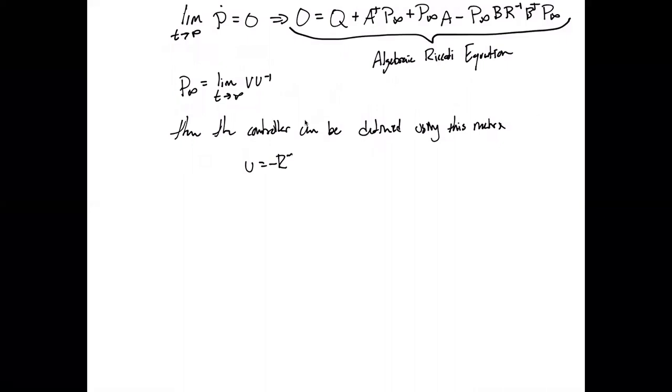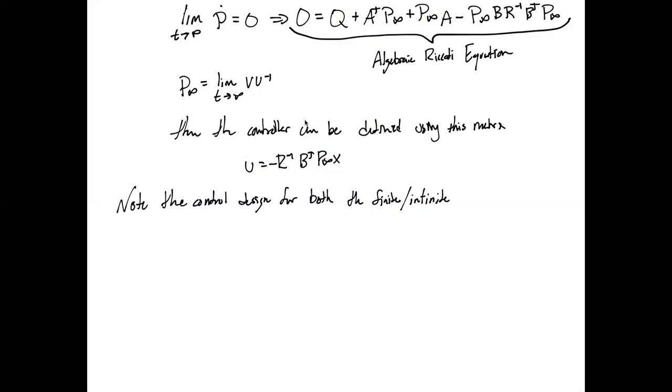So then we get U is equal to R inverse B transpose P infinity times X. But it's worth noting that the control designed for both the finite time and infinite horizon LQR, linear quadratic regulator, is done through the choices of Q, R, and PF, right?